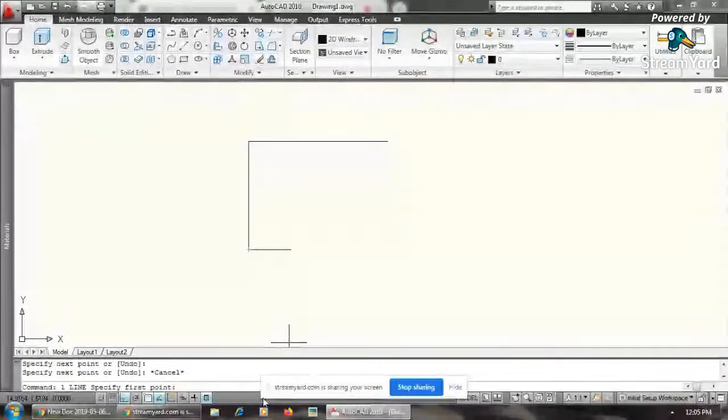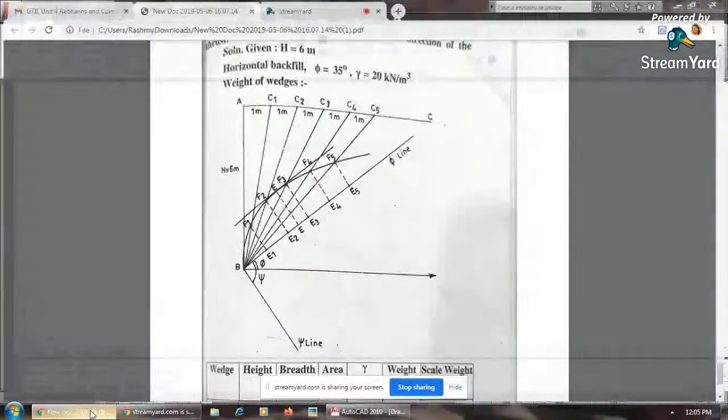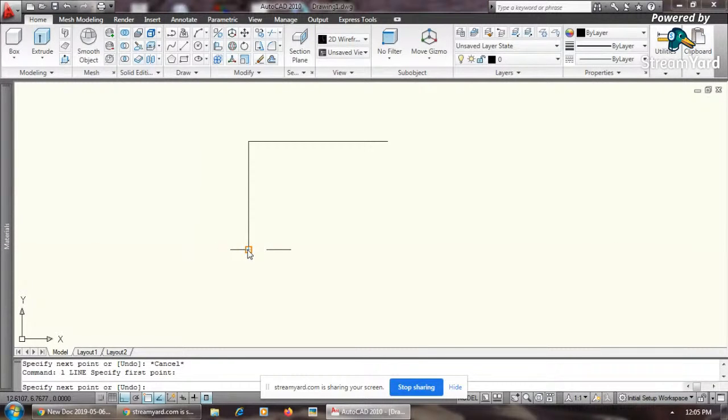So you will draw a horizontal line from here, and measure the inclination angle phi. What is angle phi given? Angle phi is 35 degree. So from here mark angle phi equals 35 degree. You can see that this is your angle. You don't have to intersect that, so let it be whatever it is.